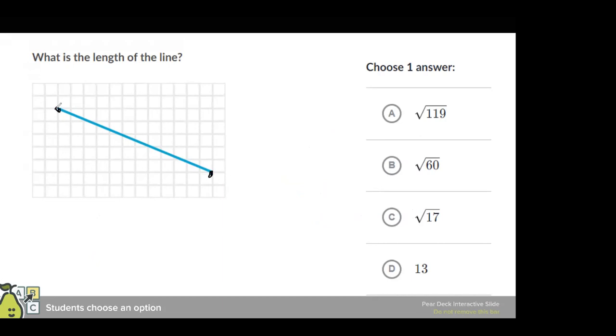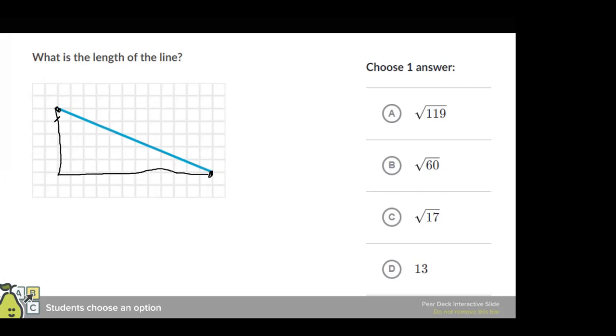If they don't give you coordinates, what do you have to use? What's the method that I just taught you? Yeah, the Pythagorean theorem, good. So if they don't give you coordinates, use that Pythagorean theorem.